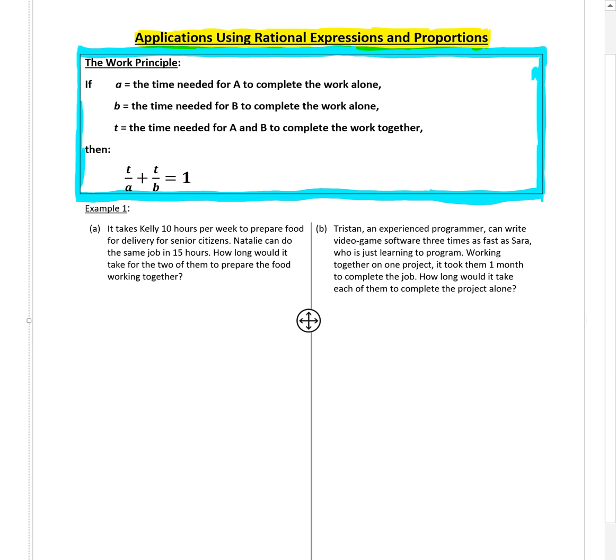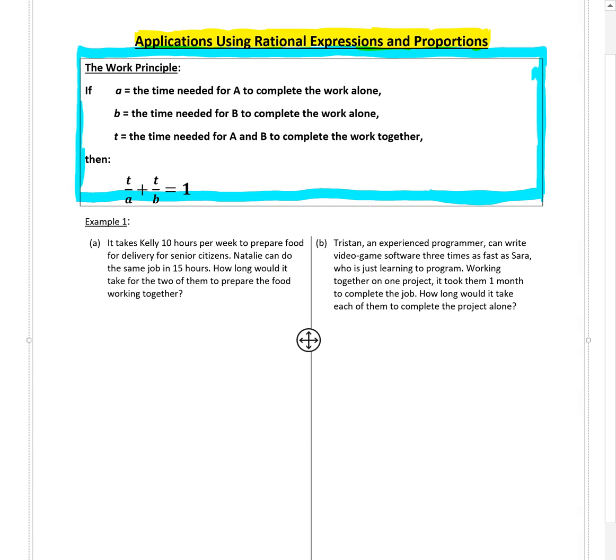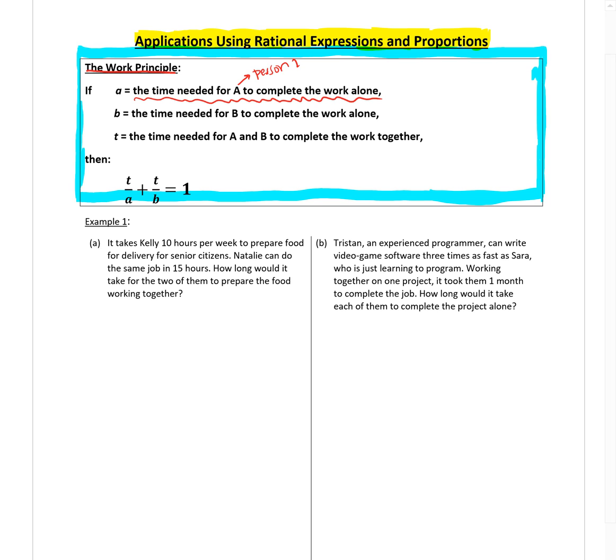But you might want to know how long exactly it's going to take, so it's kind of interesting, and there's a formula for it here. But let's see, what are all the parts of this formula? This says, the work principle. If lowercase a is the time needed for capital A to complete the work alone. So think of A as person 1. Usually it's a person, but I think I've seen examples where it's pipes, like two pipes or hoses filling a swimming pool.